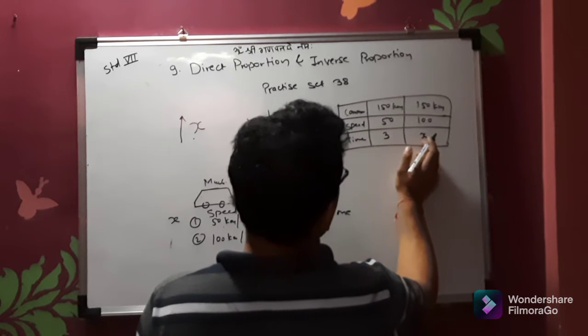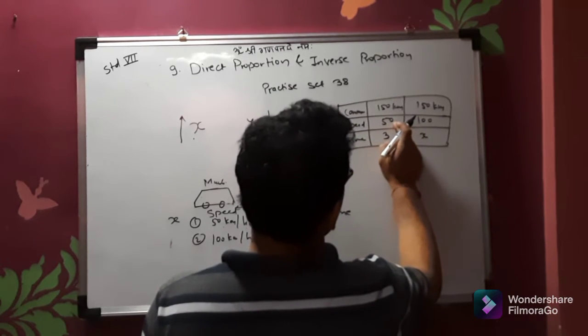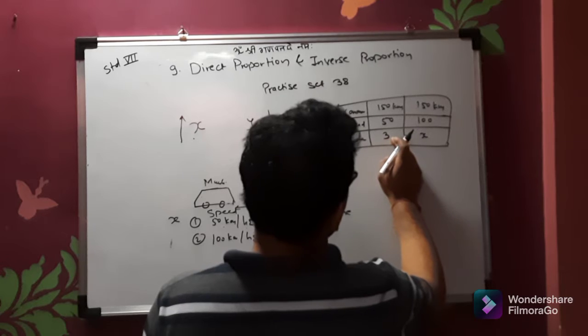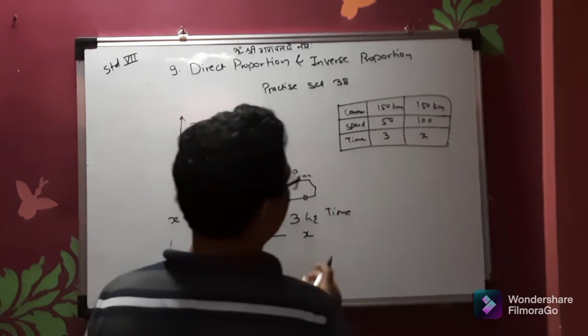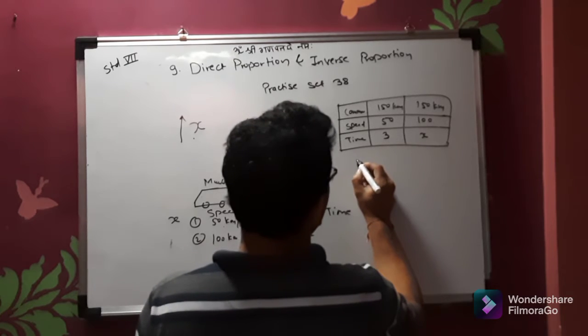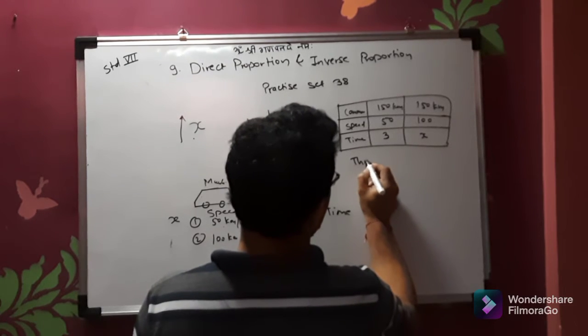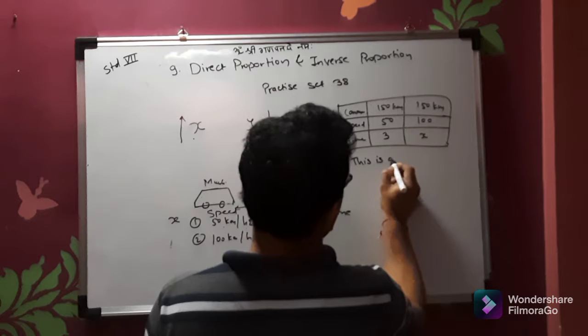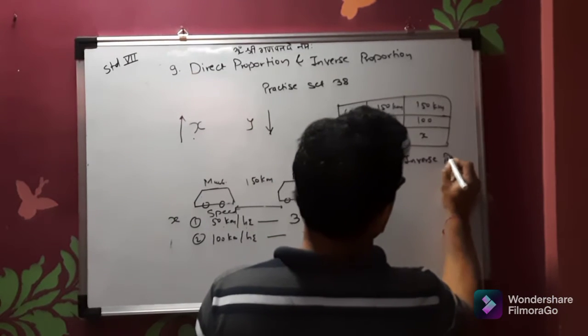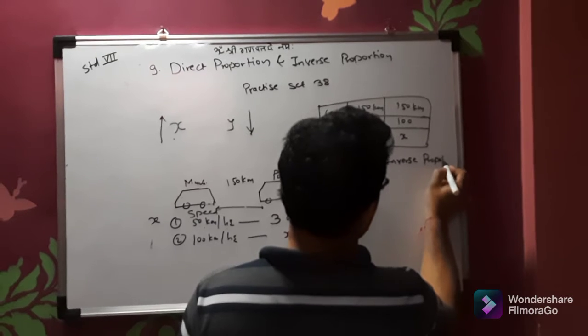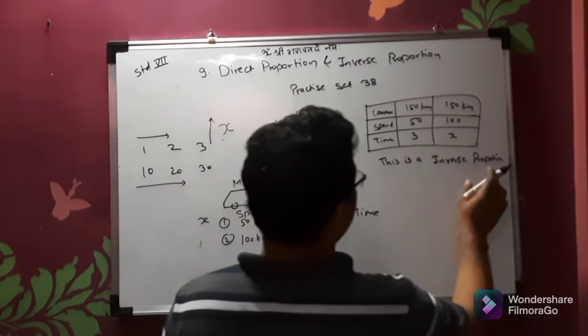So this is the inverse proportion, because when speed is less, more time is required. When speed is more, definitely there will be less time, but how are we going to calculate this? So we will write that this is an inverse proportion.